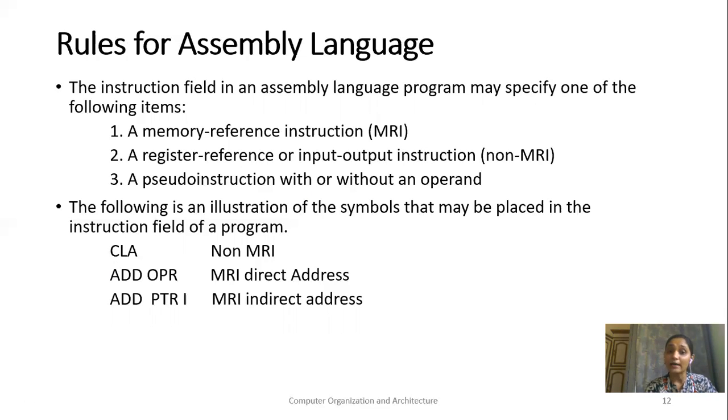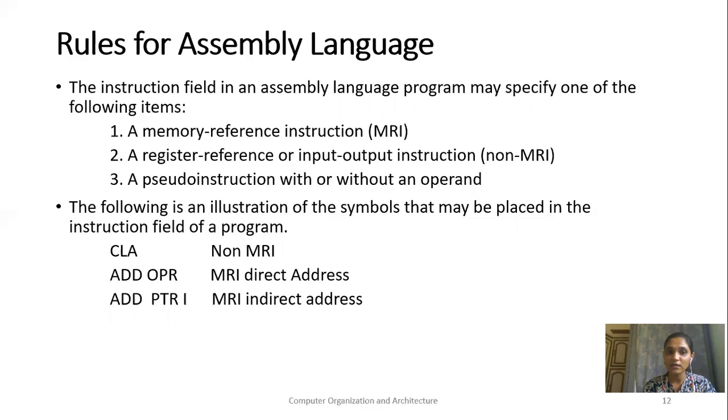For MRI instructions, there can be two types: MRI instruction with direct address and MRI instruction with indirect address. For an MRI instruction with indirect address, you use the instruction, then your address label, and then the letter I, which indicates that you have used indirect addressing. That means the address indicated by PTR is your indirect address, and at that address you will find the actual address and go to that address.